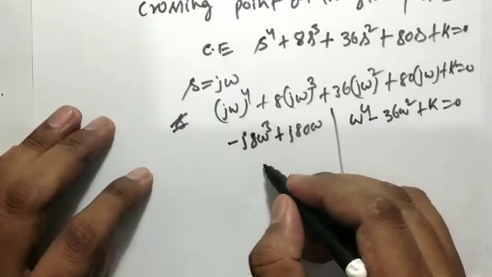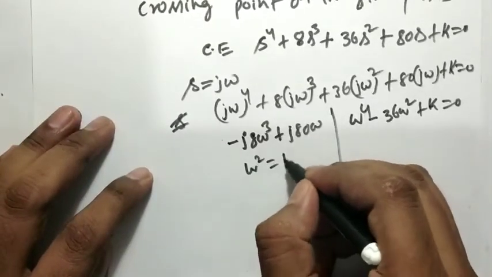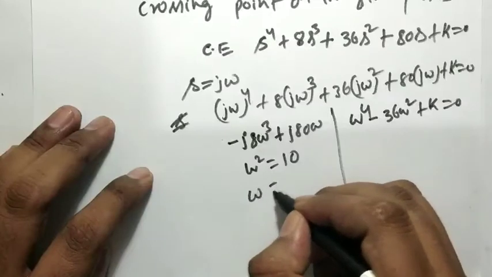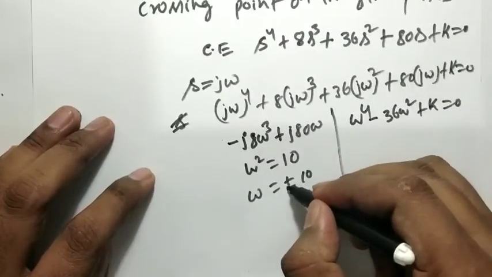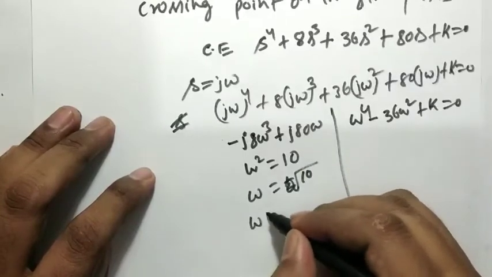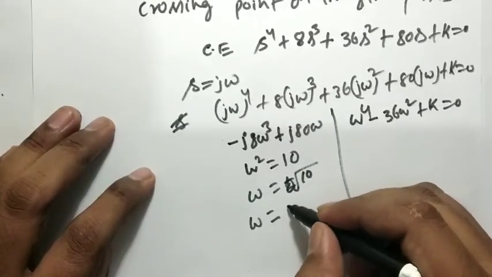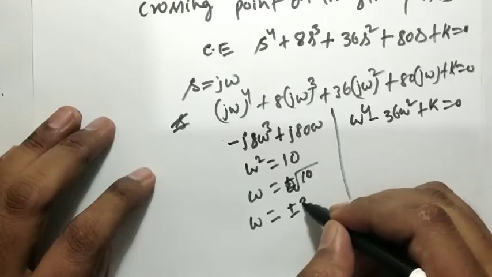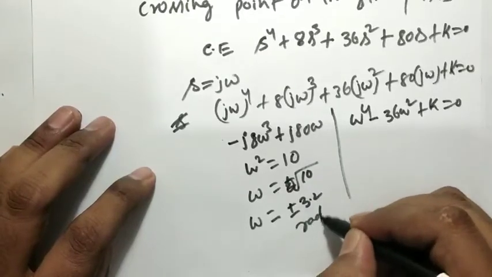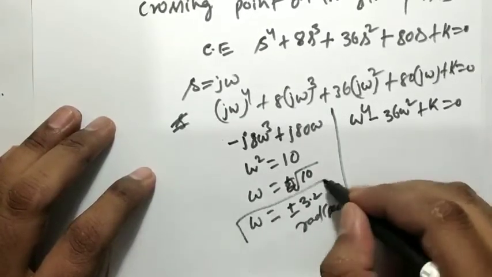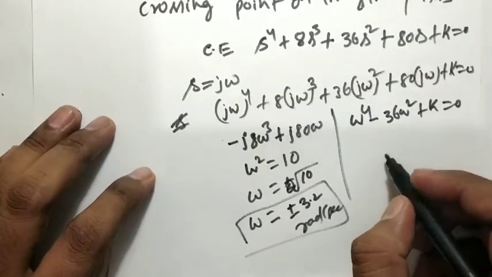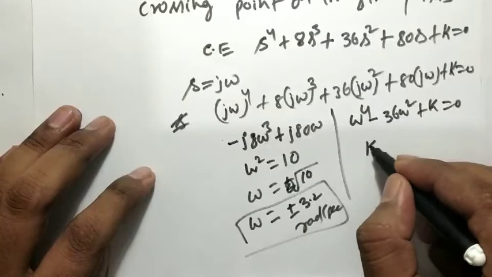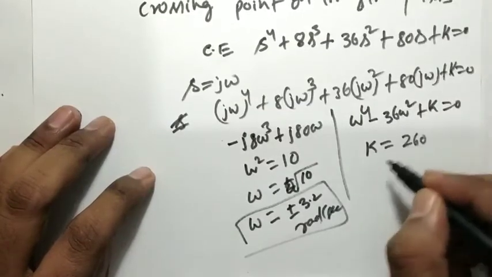From this equation you get omega square is equal to 10. So omega is equal to plus or minus root 10, which is plus or minus 3.2 radians per second. We substitute omega square is equal to 10 here, and you get the k value, 260.